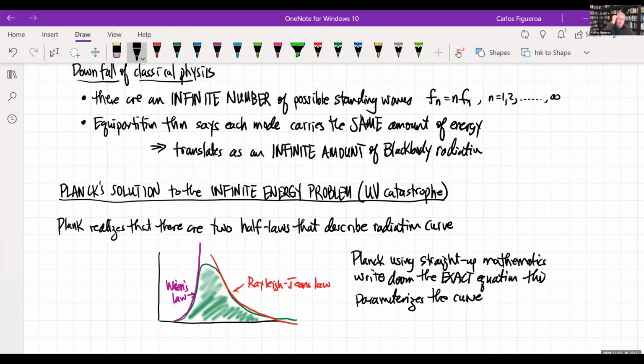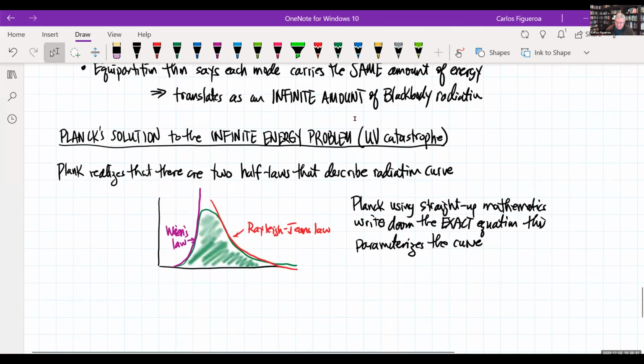So he gets this mathematical equation. He doesn't use any physics at all. He just uses pure mathematics.